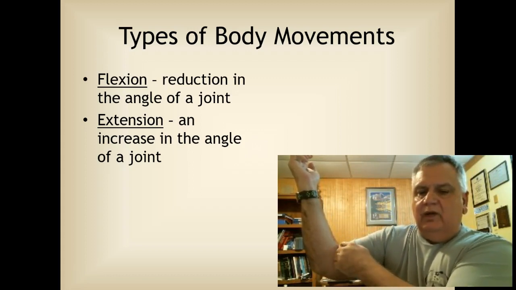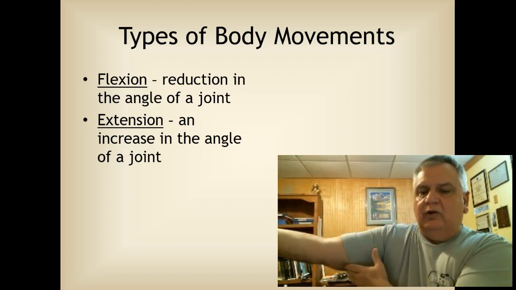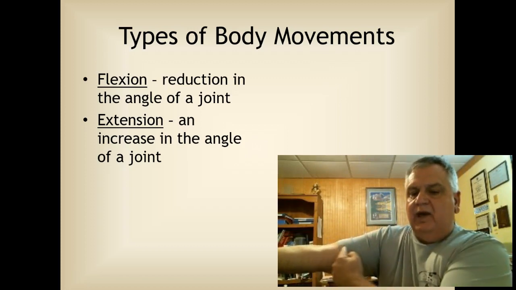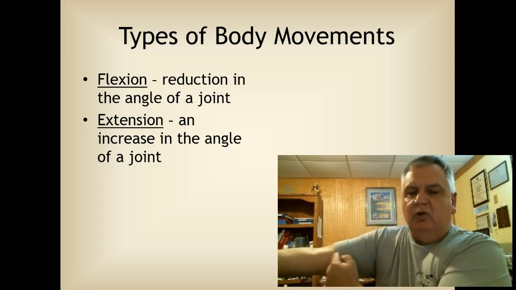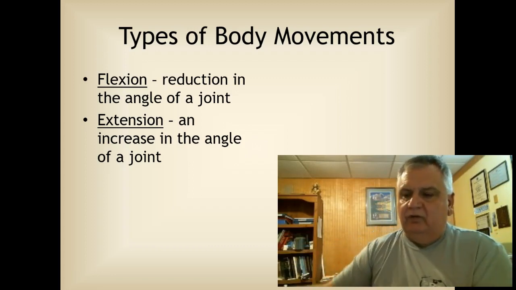And when I decrease the angle of the joint, that's called flexion. On the other hand, if I contract the tricep muscle and I lower my arm back down, I can see that the angle of the joint has now increased to something near 180 degrees. When the angle of the joint increases, that's referred to as an extension.